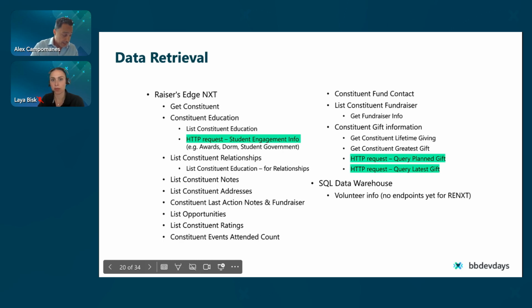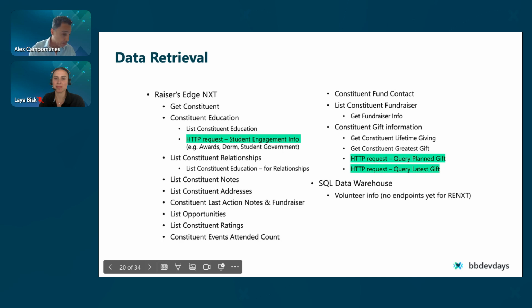Some of them are API calls with endpoints, and some of them are the SQL API where we pass in the SQL, and then it runs a query on Raiser's Edge and returns the results in a JSON file. And then one call is actually a SQL stored procedure that goes against our data warehouse, because we don't have the ability to pull the volunteer information through the API call, but it's stored in our data warehouse.